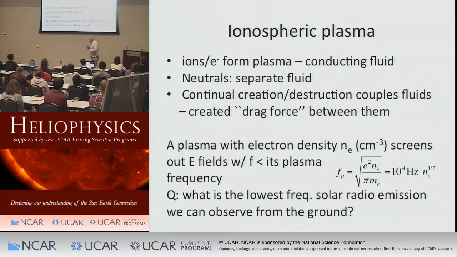This is very similar to the story that Marty Lee was talking about yesterday with pickup ions. Pickup ions are basically ions that used to be neutrals, and they have a memory of the fluid that they came from. Here, each of the species has a memory of the other one, because each of them came from the other one not too long ago.